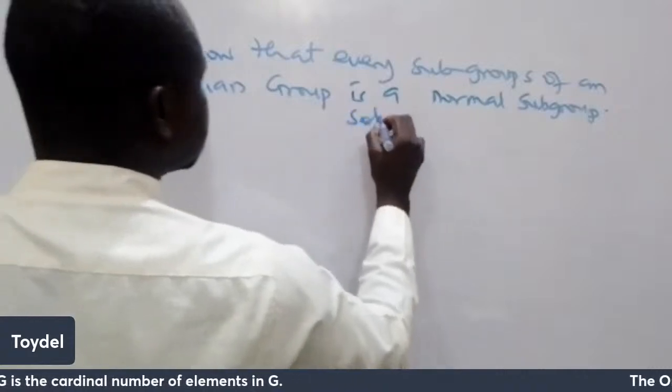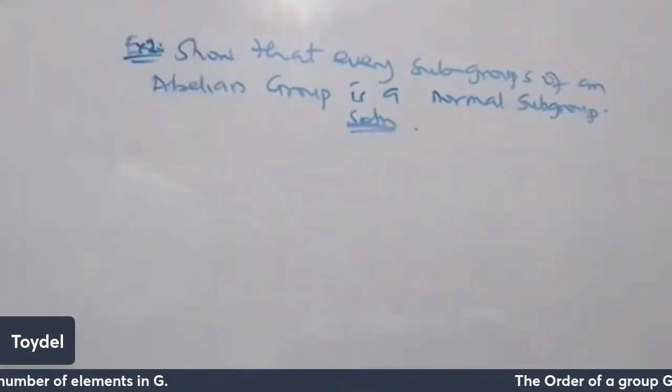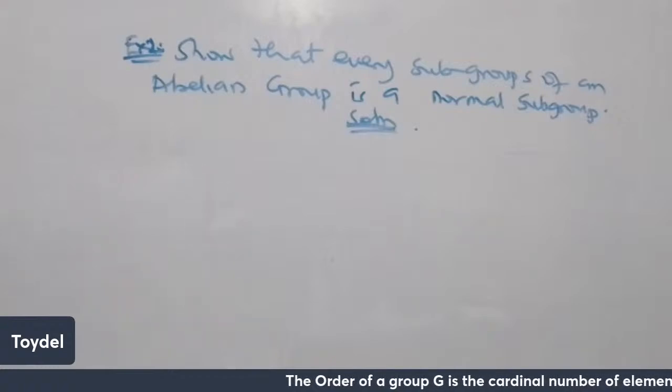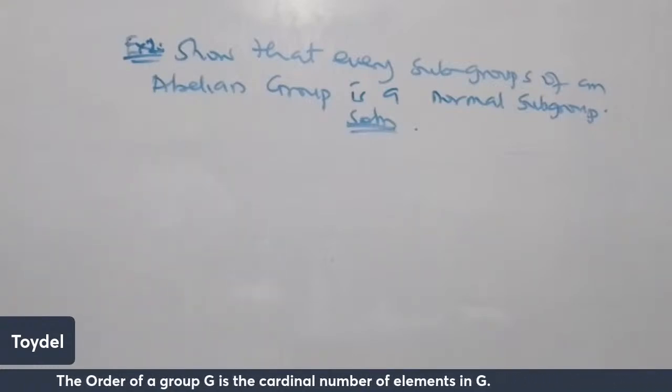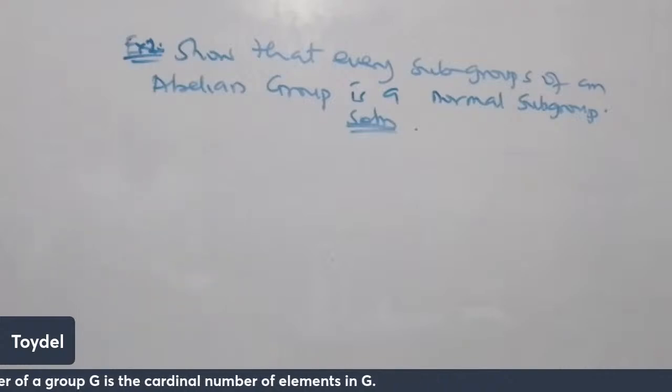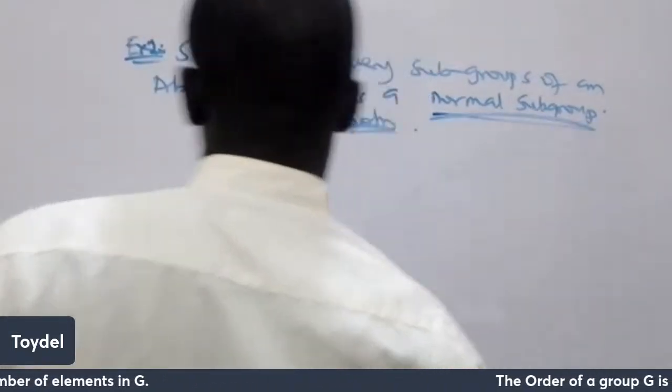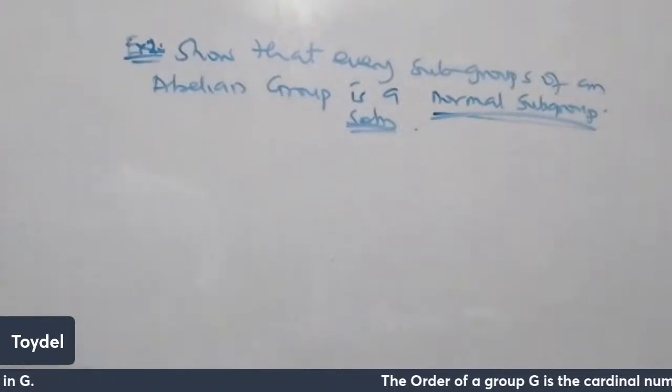So how do we show this? What is the meaning of normal subgroup? Normal subgroup simply means the right coset is equal to the left coset, once there's equality between the left and the right coset.